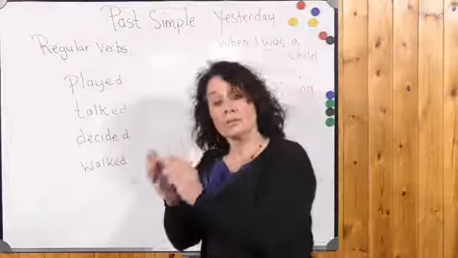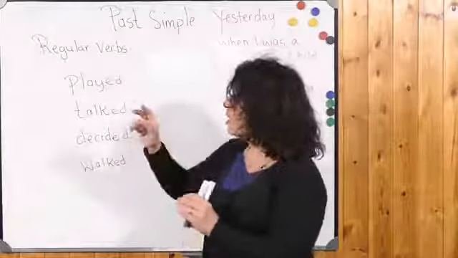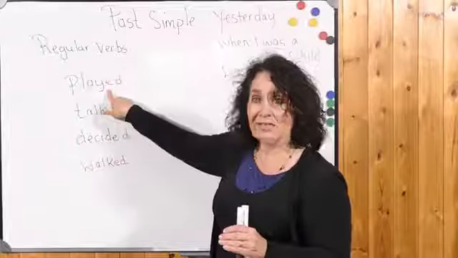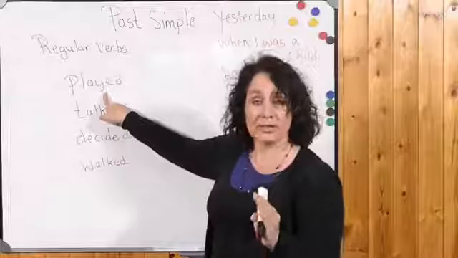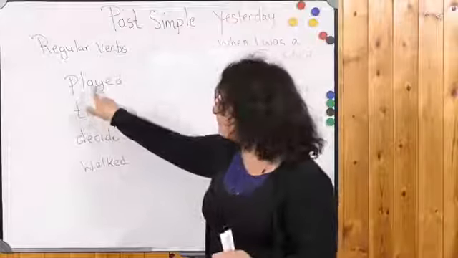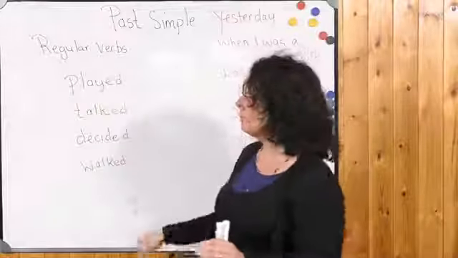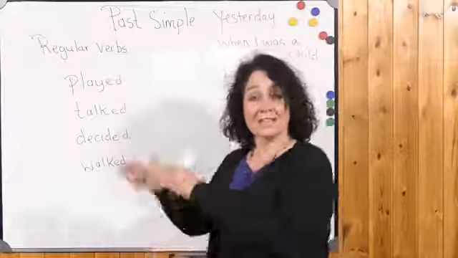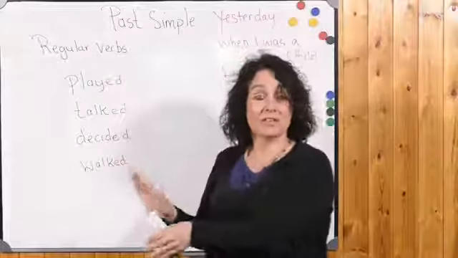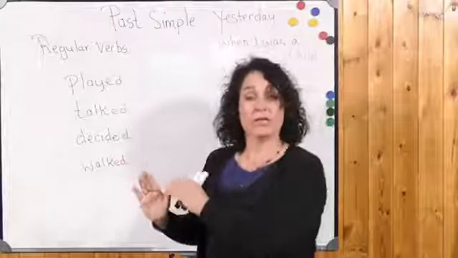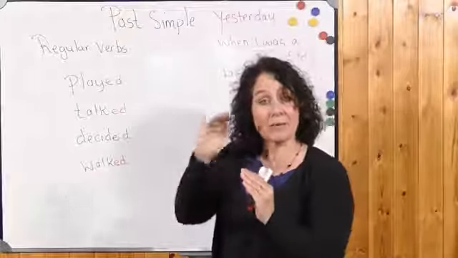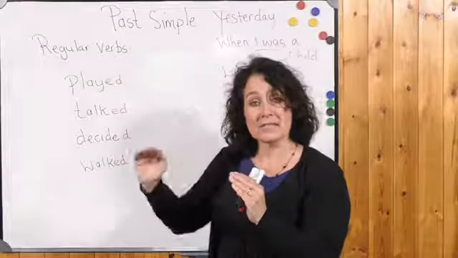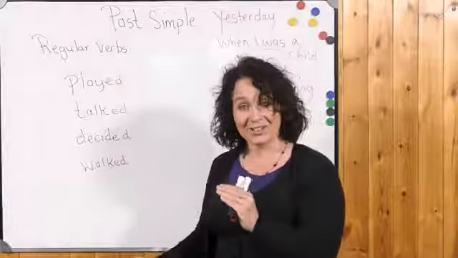And then comes the verb. So I played. So this is the first verb. We must change to the past. And because it's a regular verb, we just add ed. Very easy, because for regular verbs we add ed. It's the same. That's what makes it regular. Ed, ed, ed, ed. Okay?